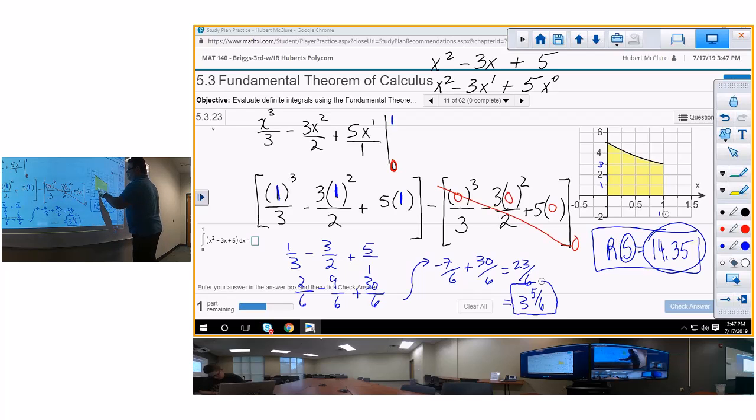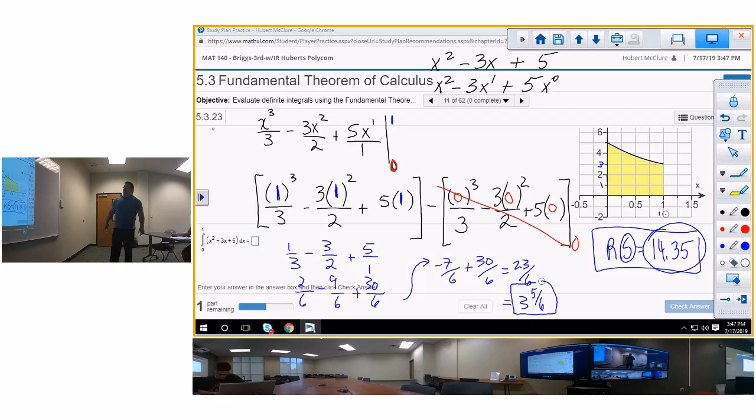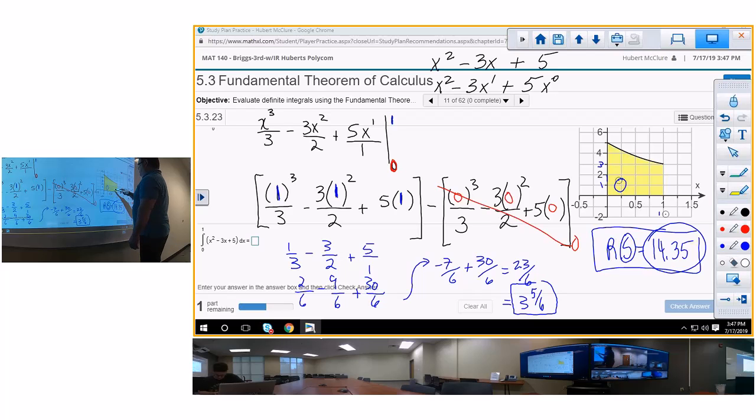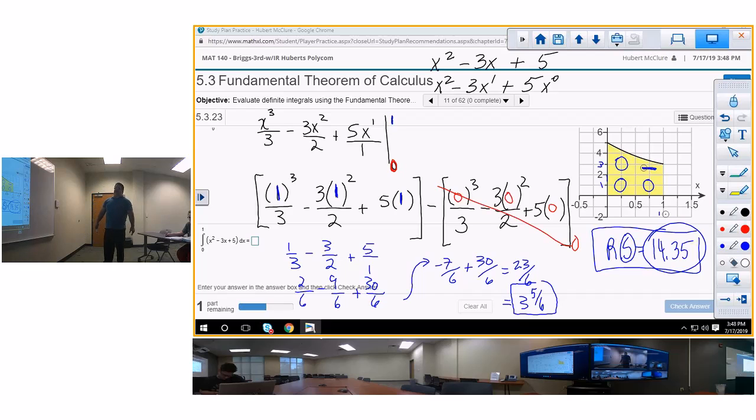So the quarters, that's 1, 2, 3. There's 3 units right there. And then there's a half right there. And I'd say that one and that one is maybe 1. So it's almost 3.75.